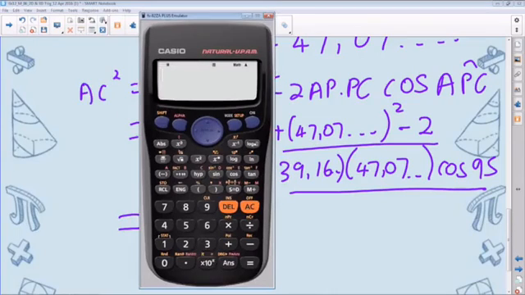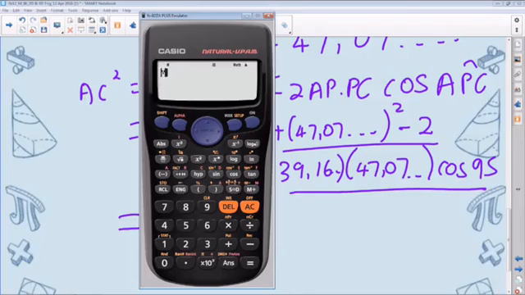Okay, so it's going to be AP squared. So I'm going to say, recall memory that one, and it's going to be that squared plus the next one. Okay, in fact, I just want to show this to you a little bit differently so you see the memory numbers coming up. Another way to recall your memory is if you hit the alpha button, it brings up the M, which is your memory M. So let's do it that way.